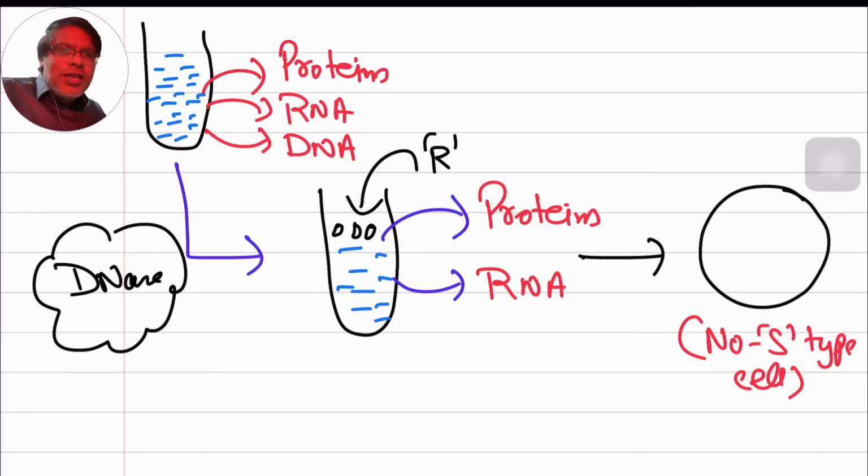So try to think here. In absence of proteins, transformation occurred. In absence of RNA, transformation occurred. In absence of DNA, transformation did not occur.